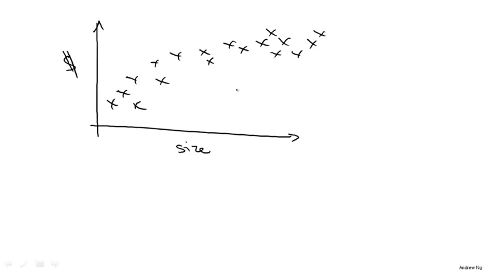So one thing you could do is fit a straight line to this data. Excuse me, that wasn't a very good straight line. But looking at this data, maybe what you'd rather do is fit a polynomial to it, or fit a quadratic function to it, so that you can capture that this curve plateaus out.